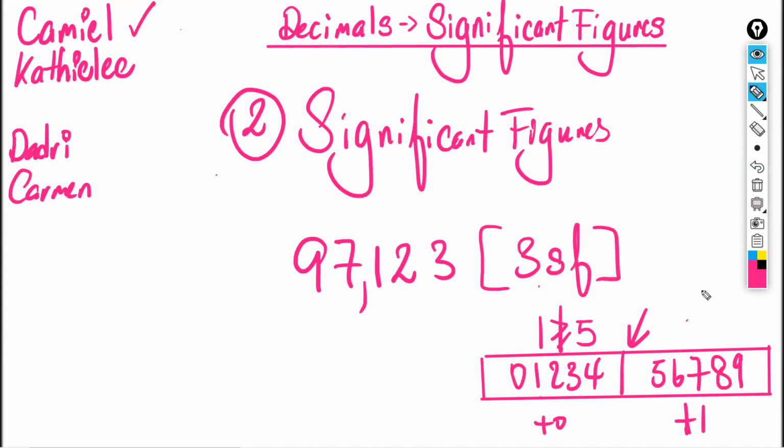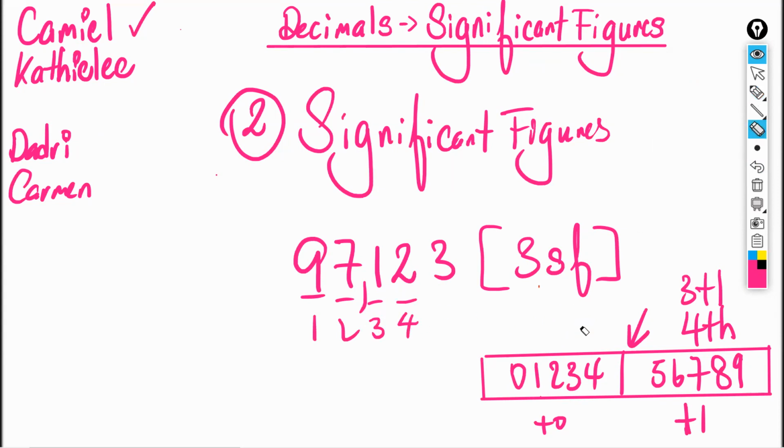Same thing, we need to look at the 3 plus 1 place. So we need to look at the 4th place. 1, 2, 3, 4. The 4th place is a 2, guys, and 2 is definitely not greater than or equal to 5. 2 is less than 5, so we'll add a 0 to the number in front of it.